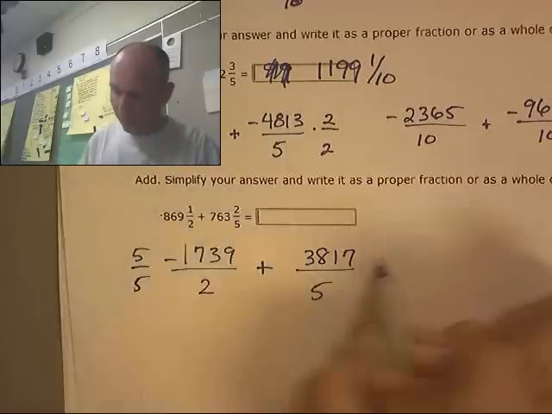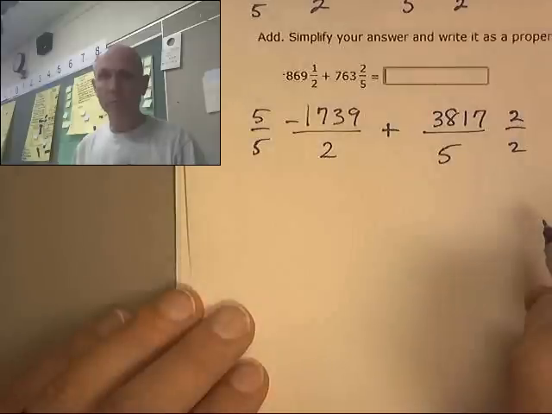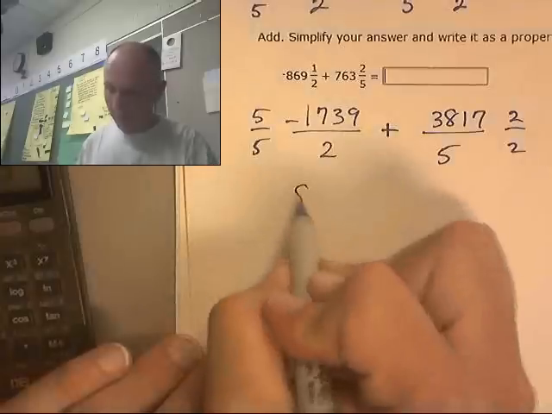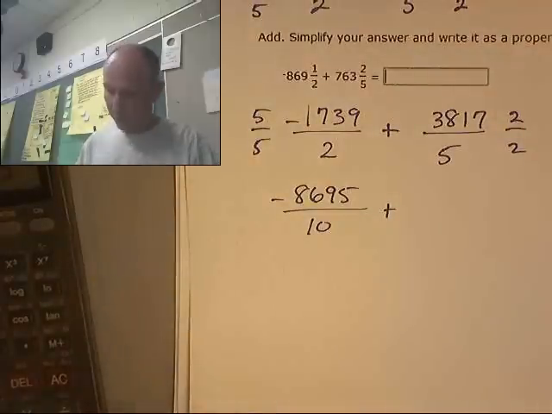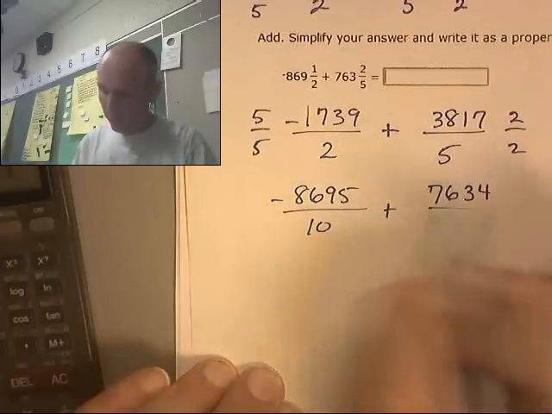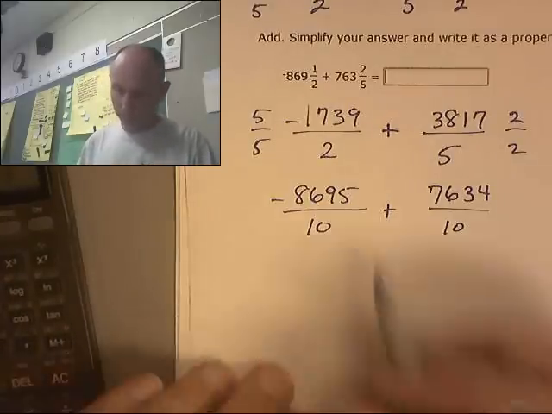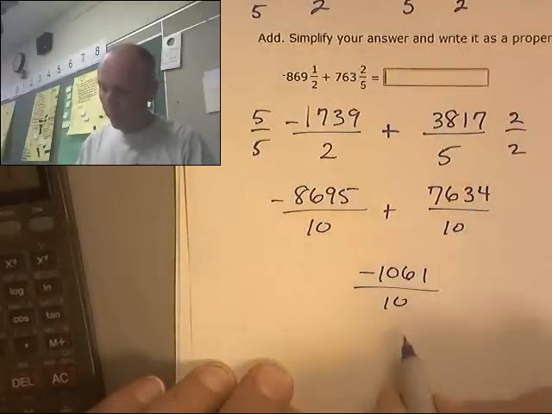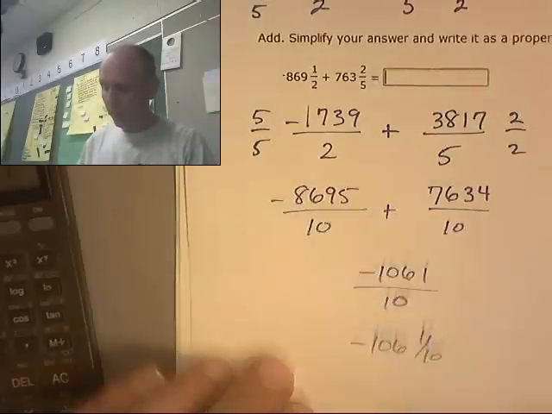So let's hit this with a 5 and a 5, a 2 and a 2, and work down here. That's going to give me negative 8695 over 10 plus 7634 over 10. Integers, those combine to become negative 1061 over 10. And that's going to become negative 106 and 1/10.